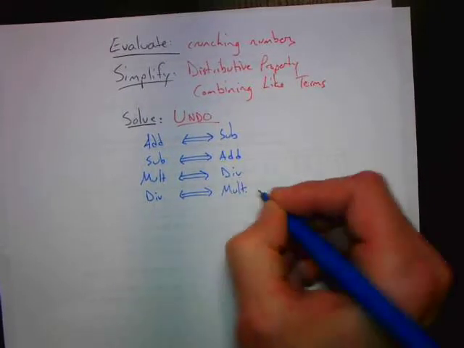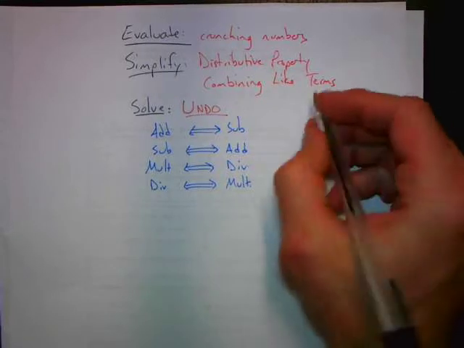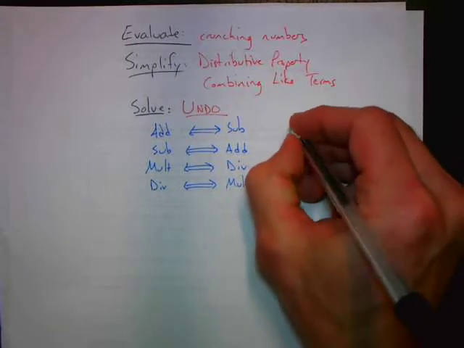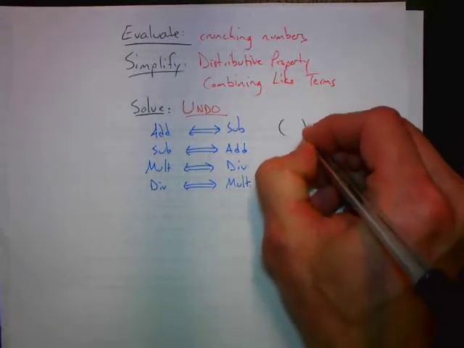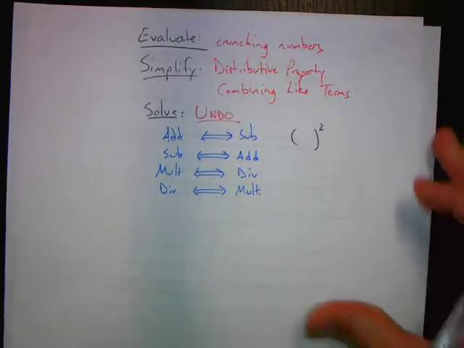Now, these are the basics of undoing, but with every operation, there is an inverse operation. A more complicated operation would be raising a number to the second power.